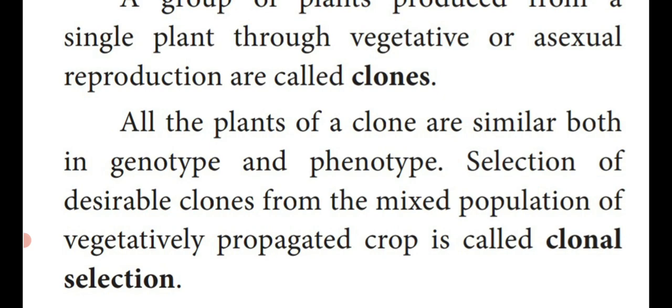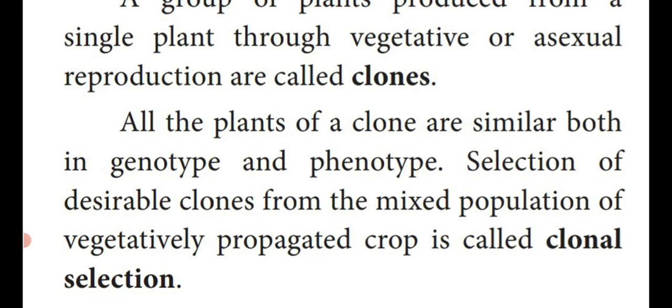So from the mixed population, we select one desirable quality of crop, which is introduced into vegetative reproduction. That selection is known as clonal selection. So dear students, these are all the different methods of selection: mass selection, pure line selection, and clonal selection.